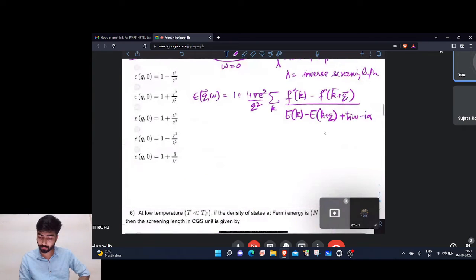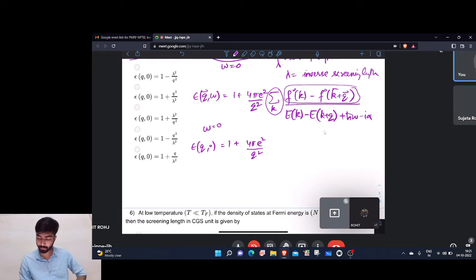So now in this one, when one puts omega equal to 0, we would have our static dielectric constant, and the expression for the Lindhard dielectric constant would modify subsequently, where the summation changes to an integration, and the terms inside this summation, the difference between the Fermi function at k and k plus q, and in the denominator the difference between the energies at k and k plus q, modify down to, I'll write the final expression, the derivative of the Fermi function with respect to energy multiplied by the density of states at E and dE.